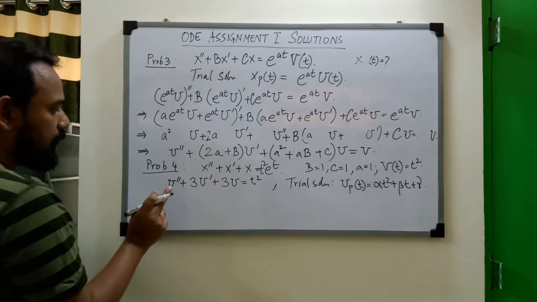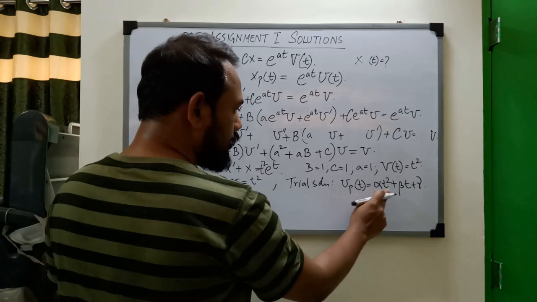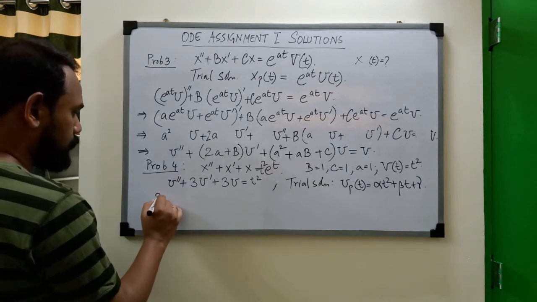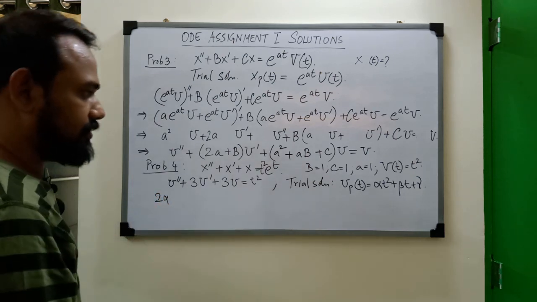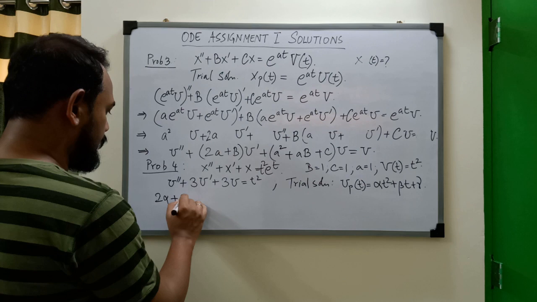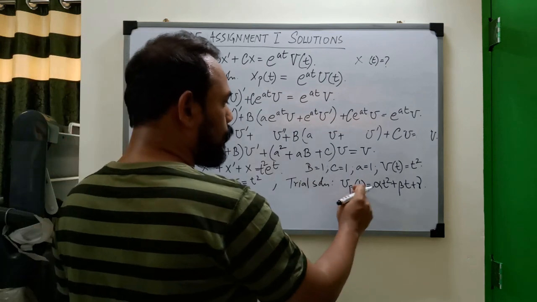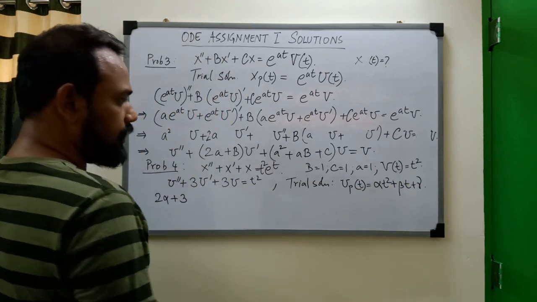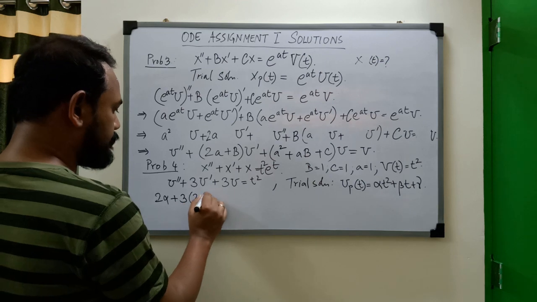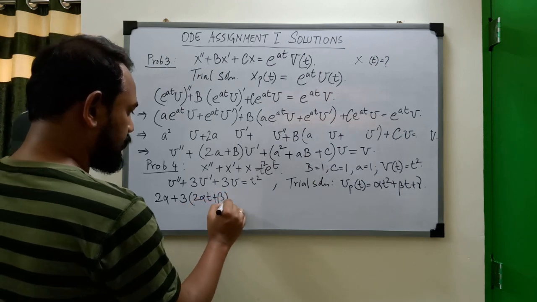Let's just try this. If you double differentiate u, you are just left with 2 alpha, plus 3. If you differentiate u once, you are left with 2 alpha t plus beta.